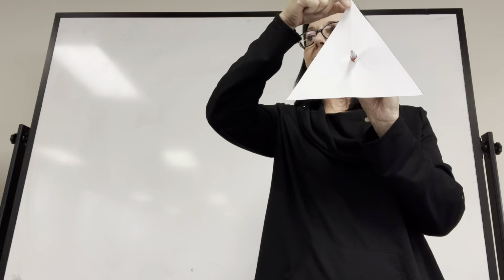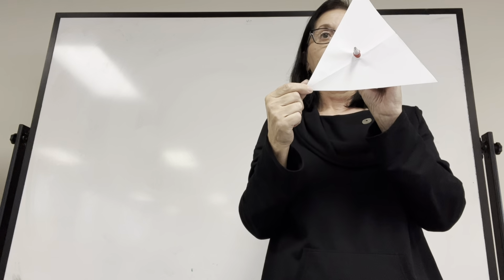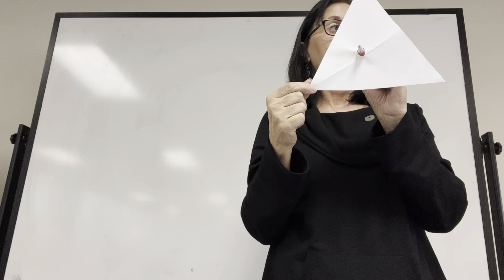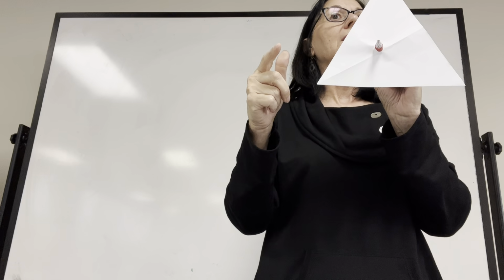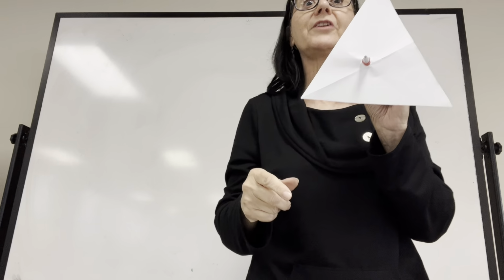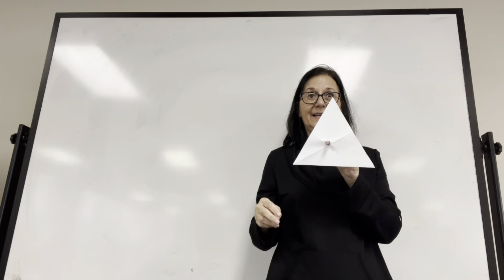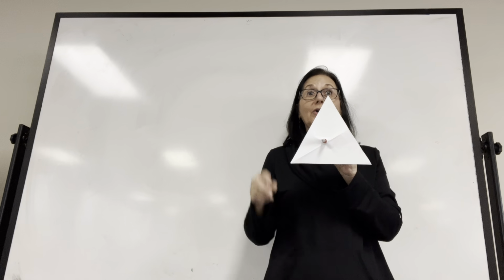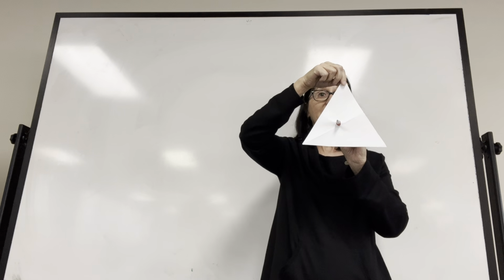So, how many degrees am I rotating it to get here? No, it's more than 120. A 120. How did you get 120? Because I divided 360 by 3 since it can turn 3 times. Correct. I can rotate it 3 times and get back to the original.